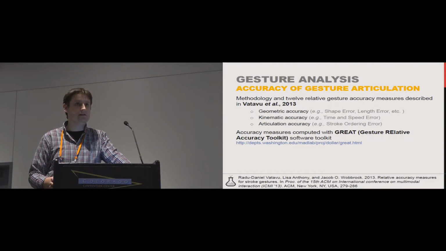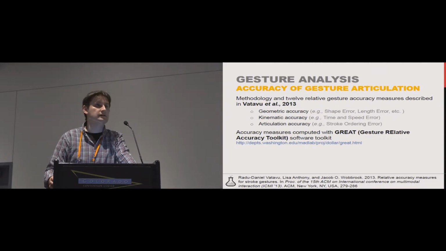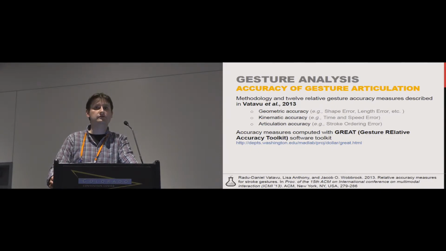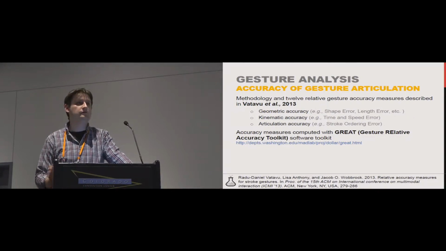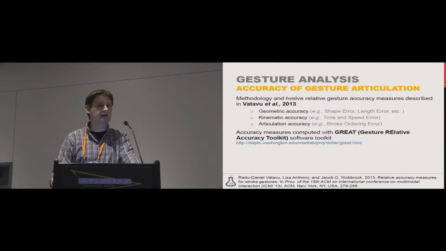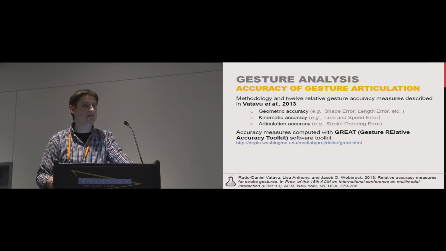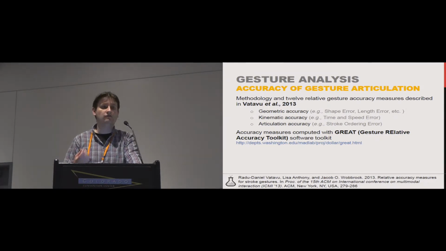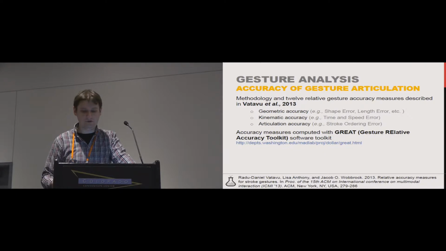In this work we've proposed 12 distinct measures in order to evaluate how accurate users are able to articulate gestures in terms of the geometry of their shapes, and also how accurate users are in the time domain, and also their articulation accuracy can be evaluated. So we also have another toolkit for that. It is called GRADE, Gesture Relative Accuracy Toolkit, that I used in order to compute all these measures.